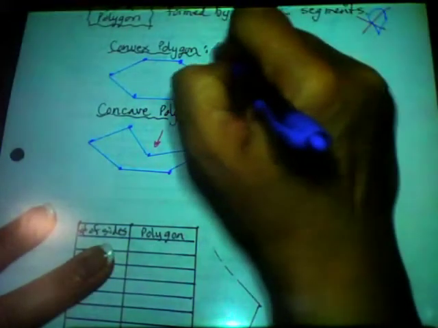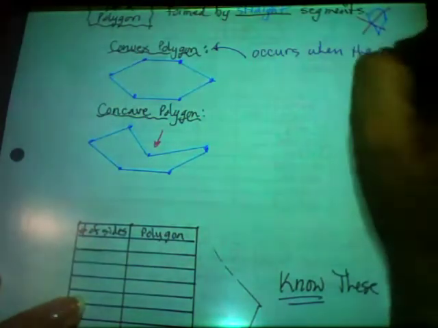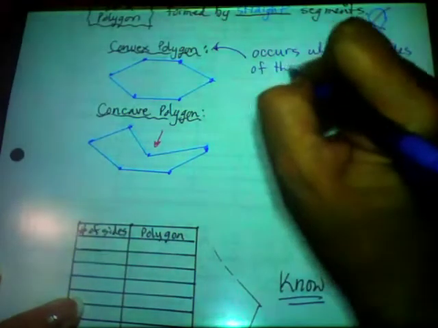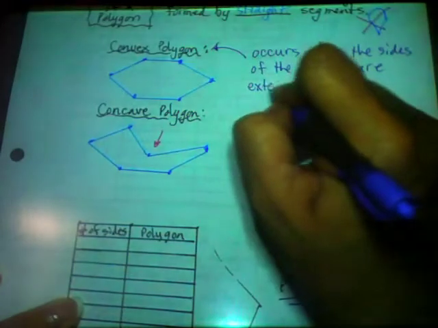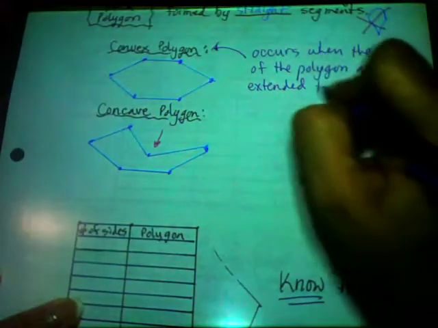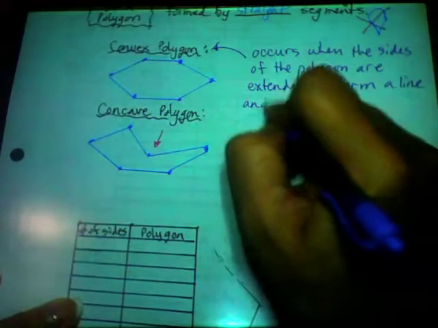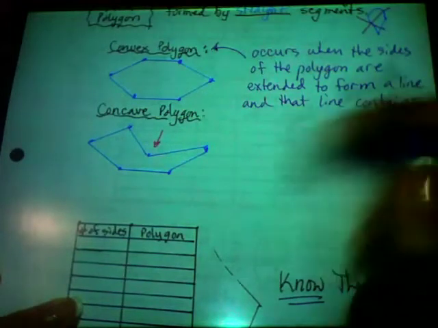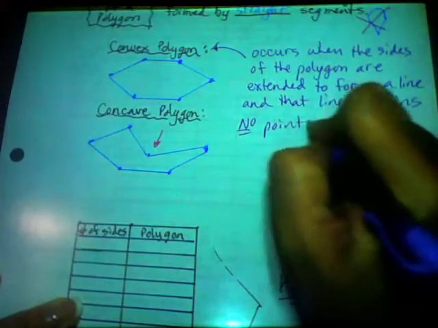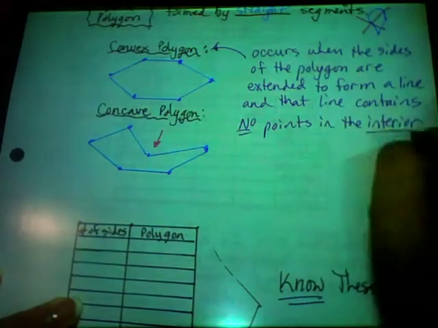So a convex polygon occurs when the sides of the polygon are extended to form a line, and that line contains no points in the interior of the polygon.